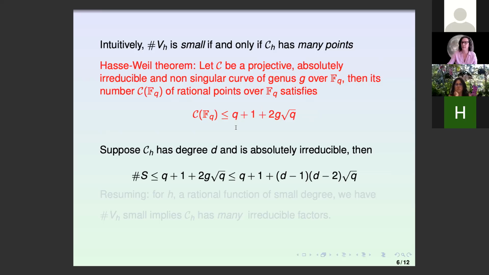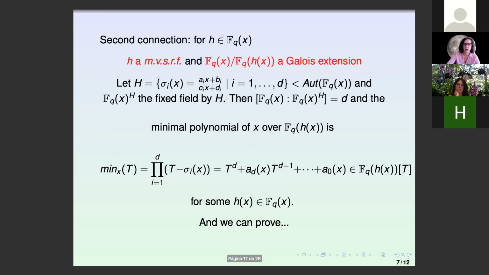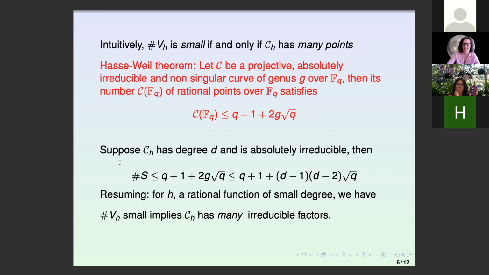Okay, so suppose your curve C_h has degree d and is absolutely irreducible. Then the number S of rational points can be at most the number given by Hasse-Weil, which is smaller than q plus 1 plus (d minus 1)(d minus 2) square root of q, because g is at most (d minus 1)(d minus 2) over 2.